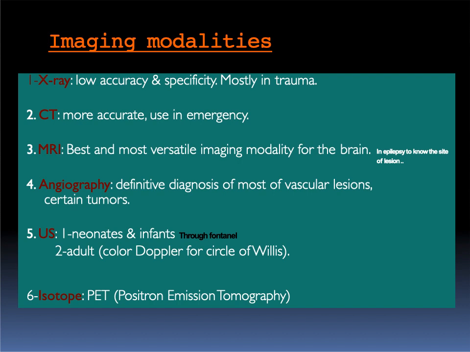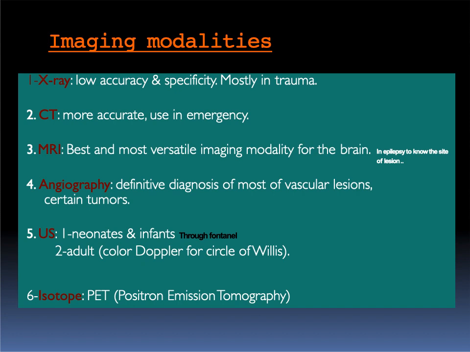So we are going to have a window for imaging of the brain tissue through the fontanelles, the frontal or the occipital, the posterior fontanelle, sorry. And also, it's very important in adults to use Doppler ultrasound for carotid vessels and even for the circle of Willis.